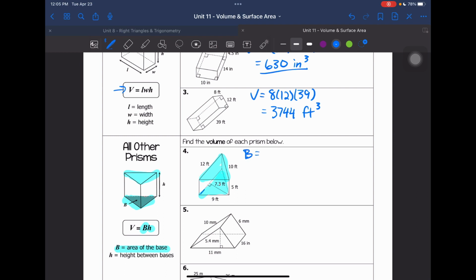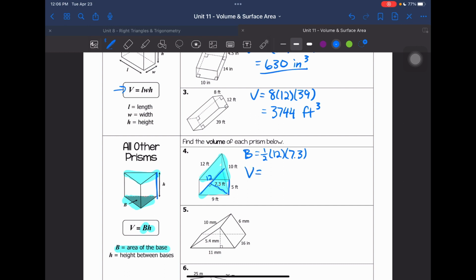I'm going to multiply this times this, and with 1/2, because the area of a triangle is 1/2 times base times height. That 12 is our base of the triangle, and the height of the triangle is 7.3. That's different from the height of the prism. The height of the prism has to connect those two bases, so it would be this side, the 5.